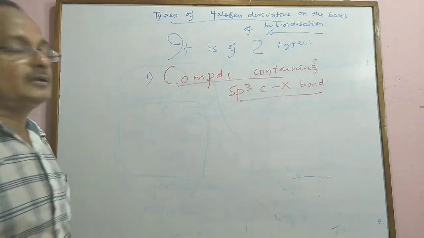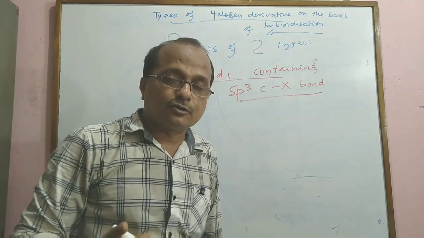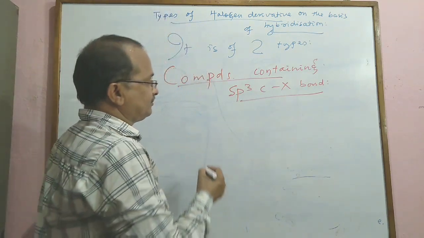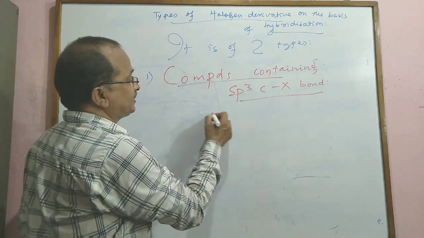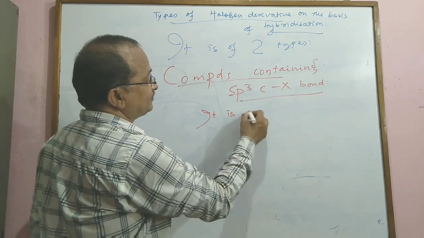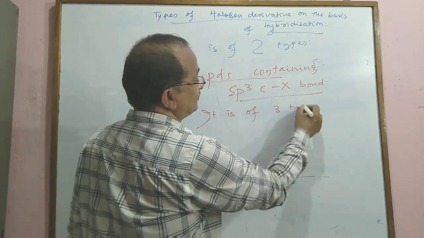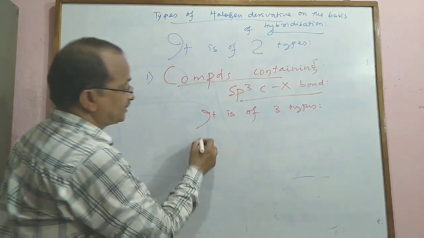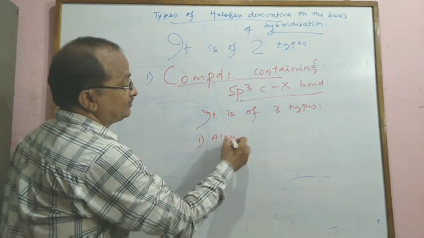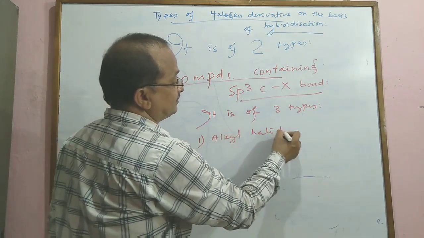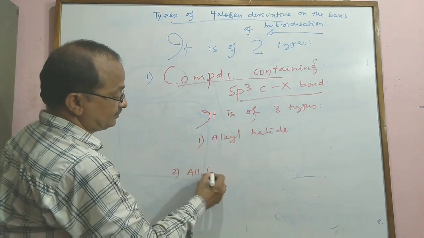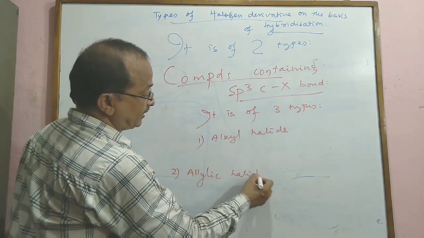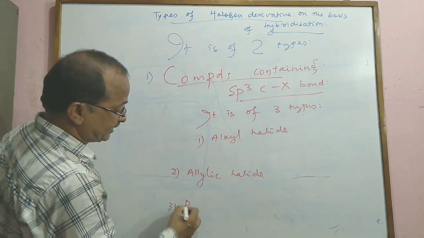Here halogen atom is attached to the sp3 hybridized carbon atom. Again it is of 3 types. Number 1 is alkyl halide. Number 2 is allylic halide. And number 3 is benzylic halide.